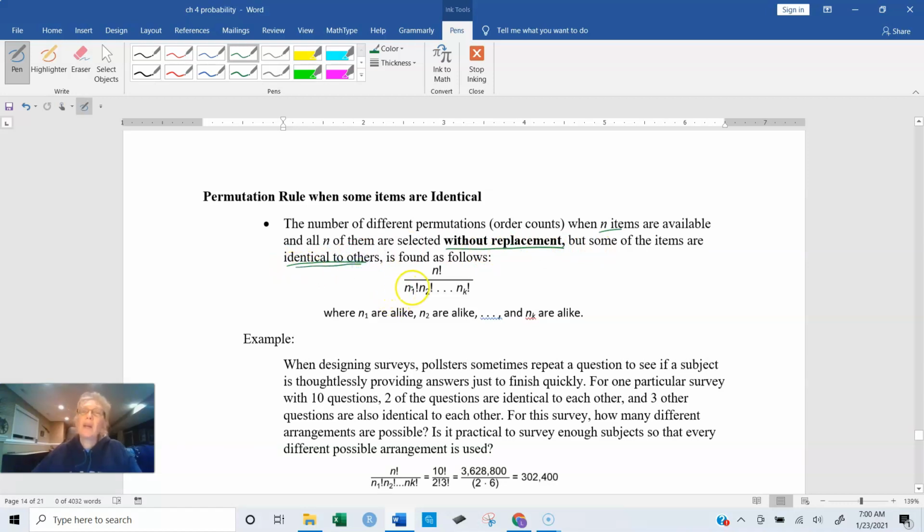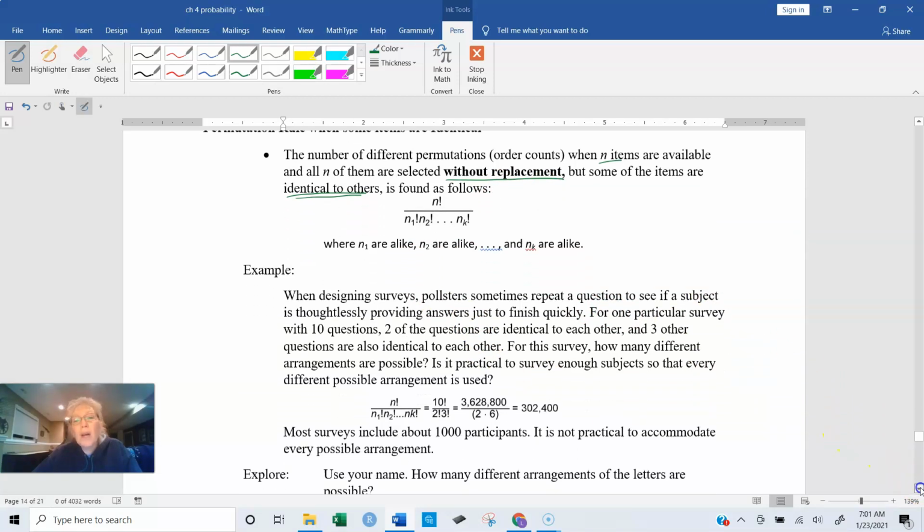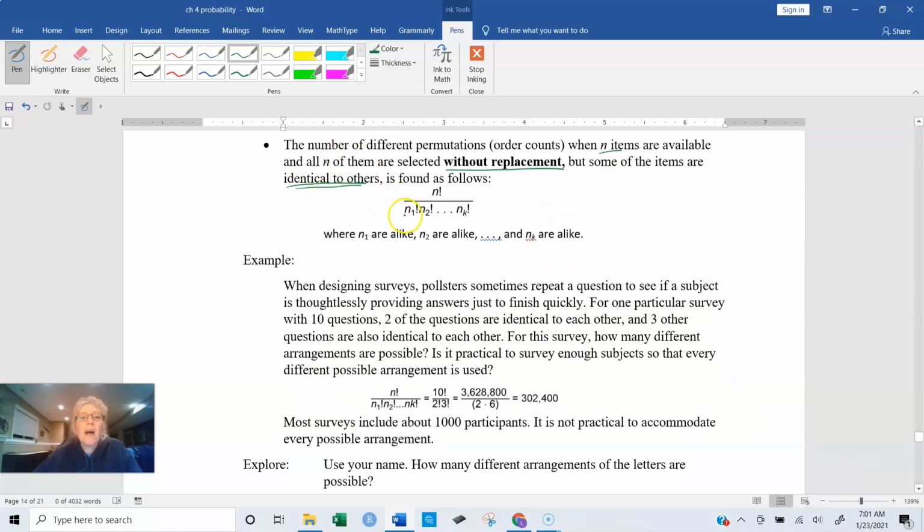So if they are identical, when we choose them, we can't tell. So they don't count as different permutations because they're the same thing. So since they're the same thing, we have to get rid of those identical options. And to do that, we divide by all the identical possibilities. Now the n factorial is how many times they're the same.